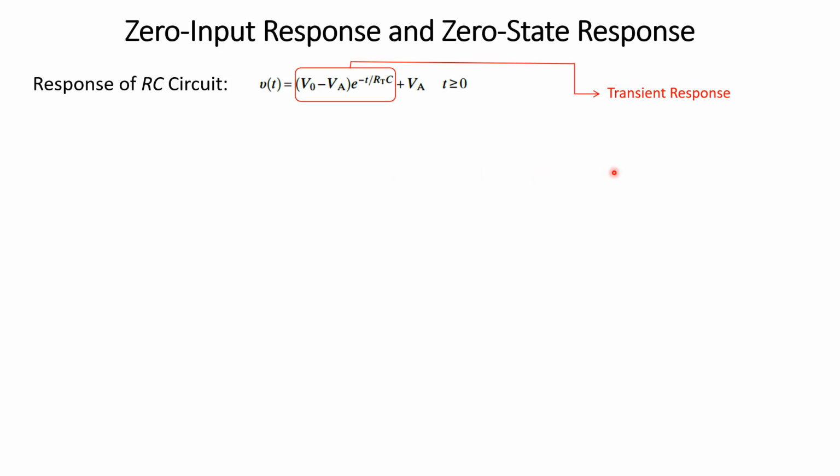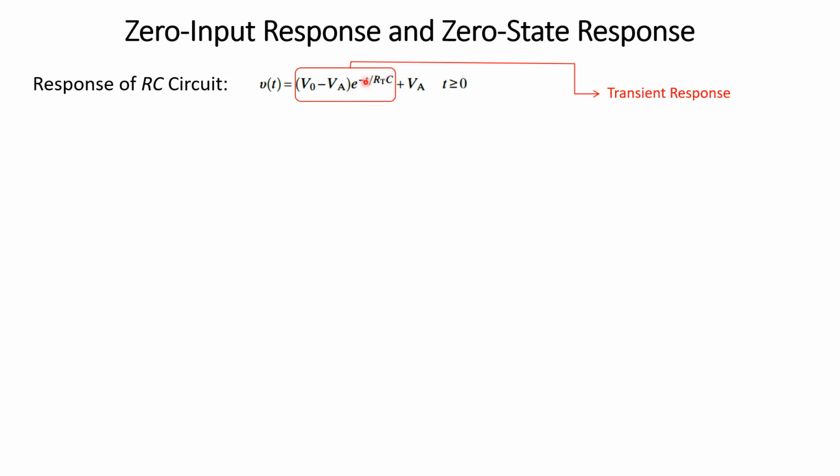As we proceed with the time, as we move along the time axis, this exponential term will decay to 0, and it will eat up everything over here, and this will be the final value. So there will be some dynamics in the circuit initially, and finally all the changes will fade away, leaving the final value.